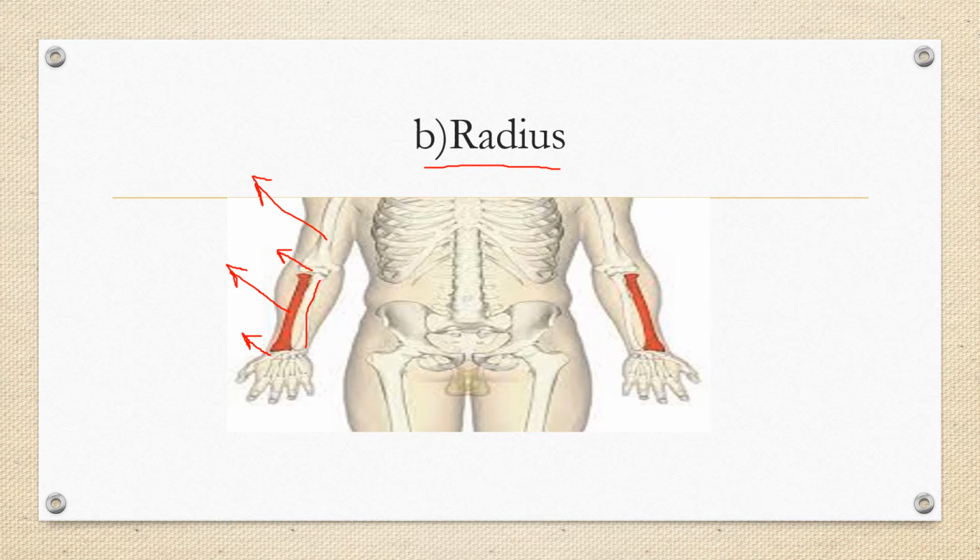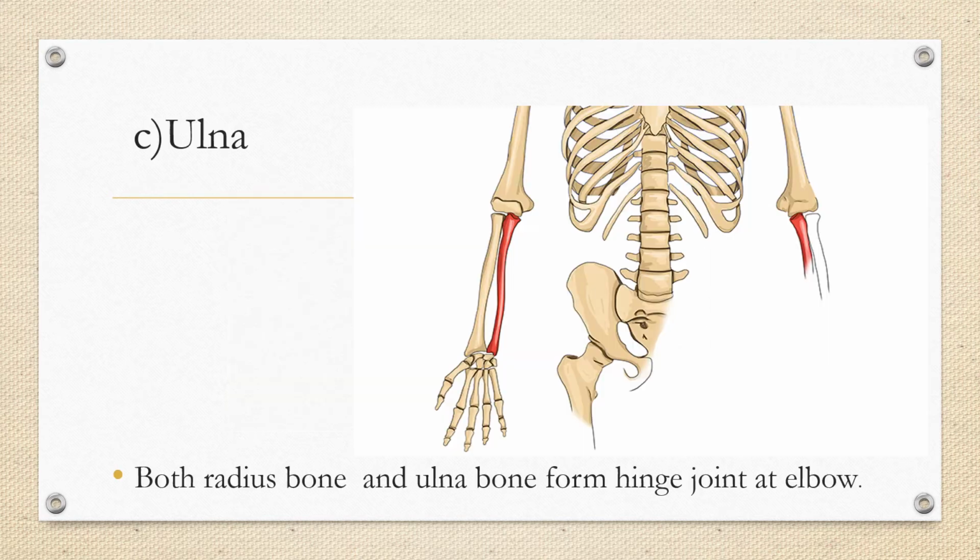You can note that the radius bone is present on the thumb side of your arm. The other bone you will study next is present on the side of your little finger. The third bone that is also present in your lower arm is the ulna bone.